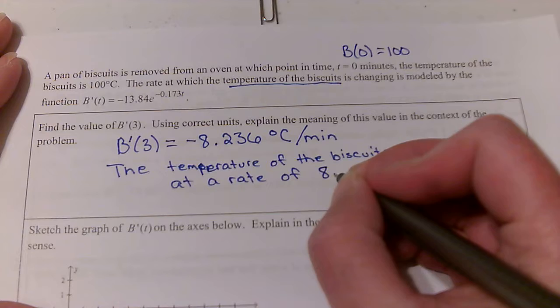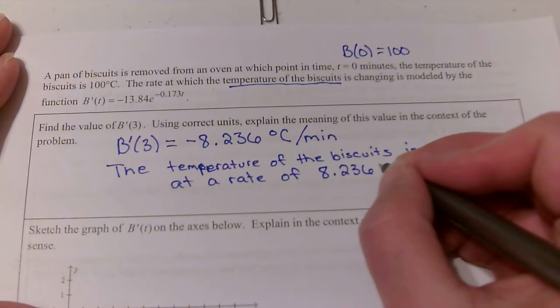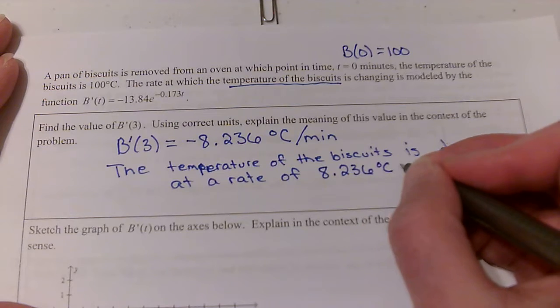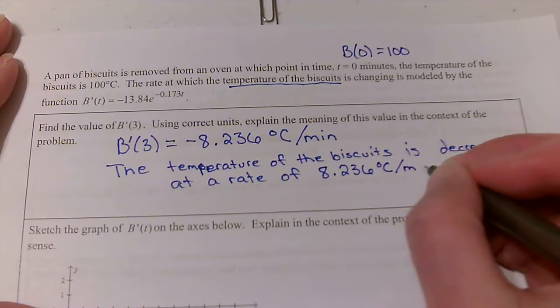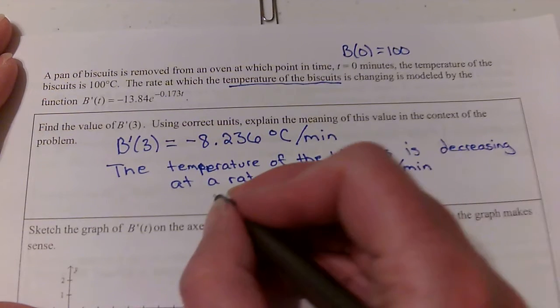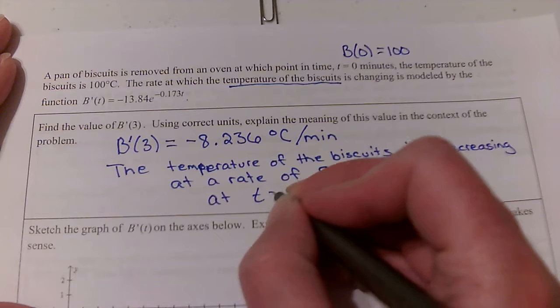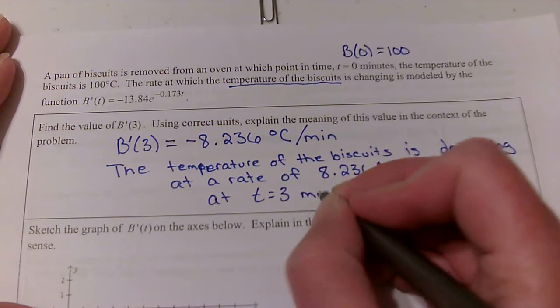So we're going to put this is decreasing by a positive 8.236 degrees Celsius per minute at time 3 minutes.